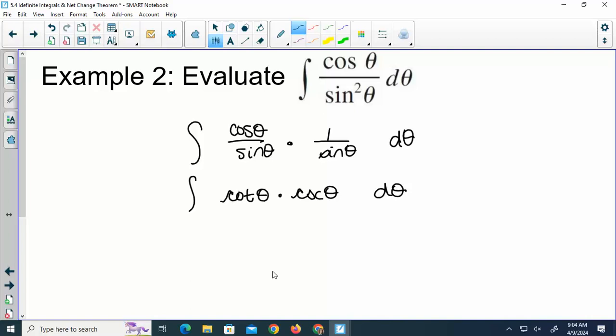So the antiderivative would be, oh, not cotangent, cosecant. I said cotangent. Derivative of cotangent is negative cosecant squared. Derivative of cosecant is negative cosecant cotangent. Sorry if I confused you there. Thinking one thing and saying another.